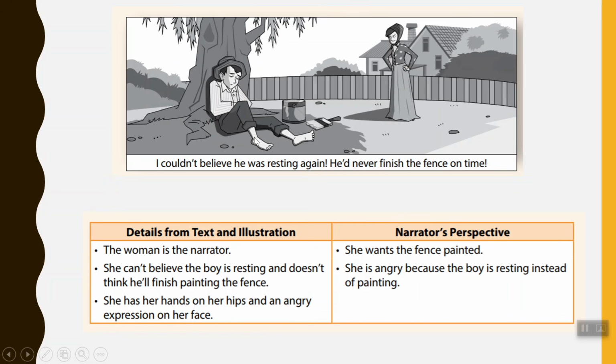We don't know anything about the boy's thoughts and feelings because the story is being told from the woman's perspective. When you're reading, think carefully about who is telling the story and how that affects what is being talked about in the story.